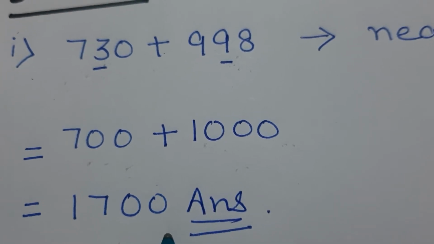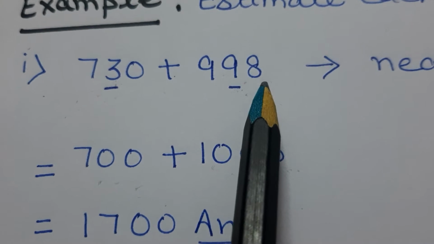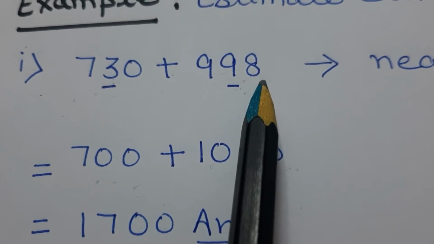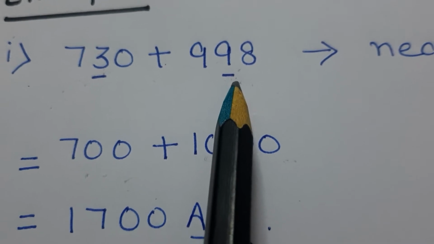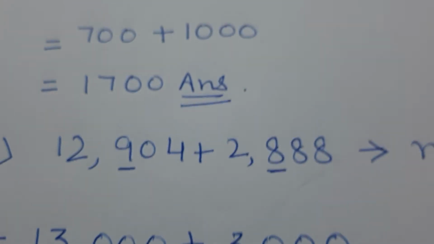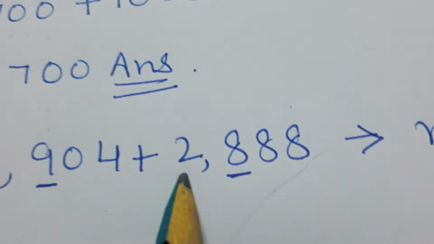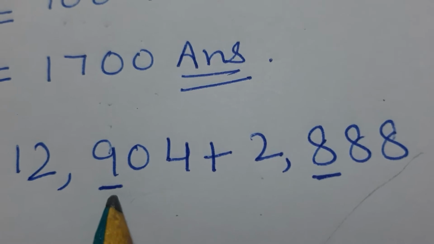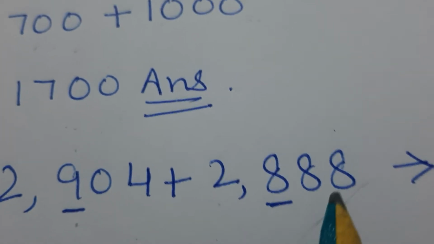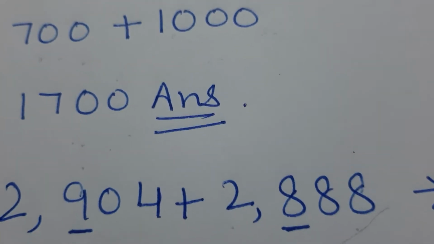1700. Now students, in this question both the numbers have the same place, meaning both the numbers are in hundreds, but the question is, what if numbers have different places? If you see, this number is in 10,000s and this number is in thousands, and we are adding.